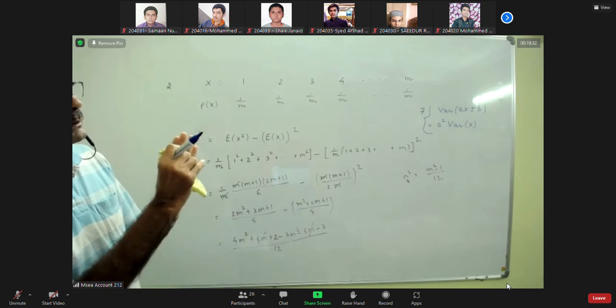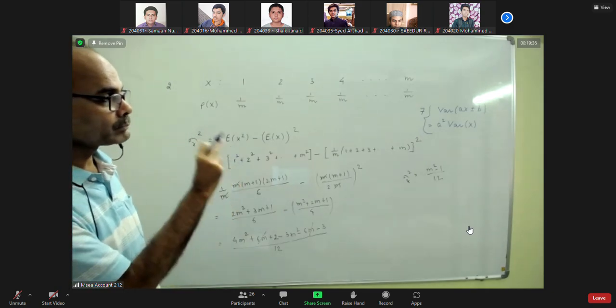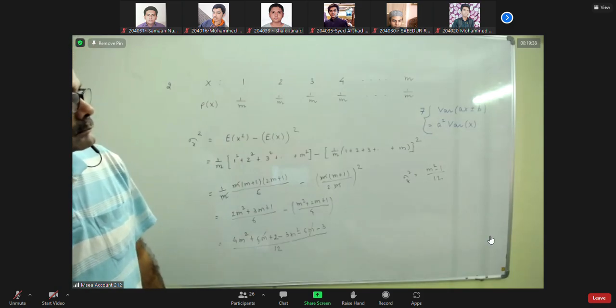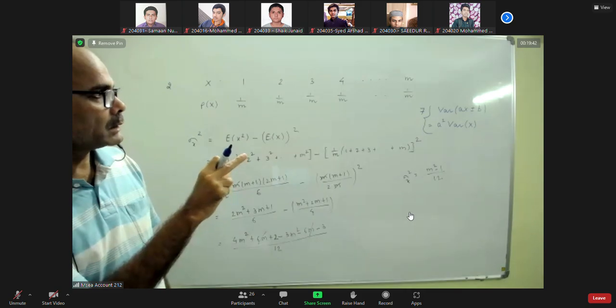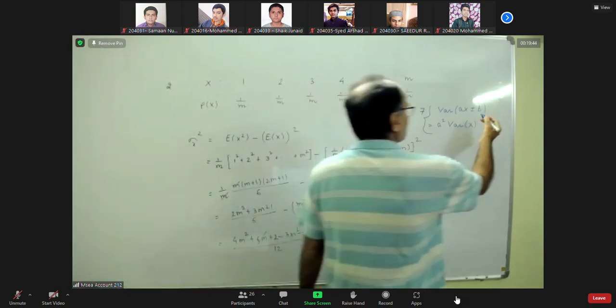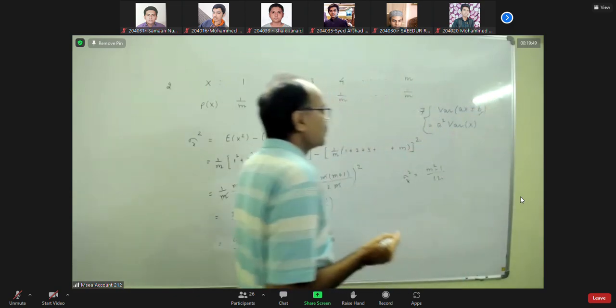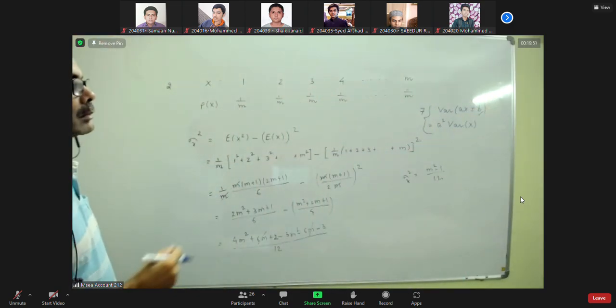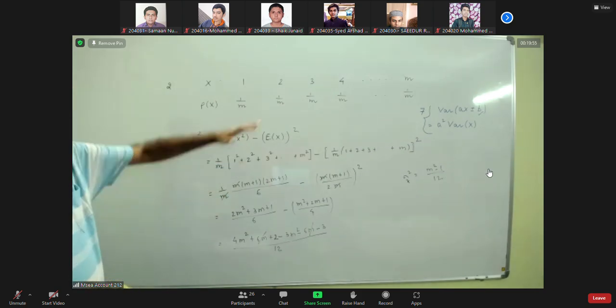Variance means how much the data differs from the mean. If you shift the origin, it will not affect, so there is no difference of b. You can prove it here.